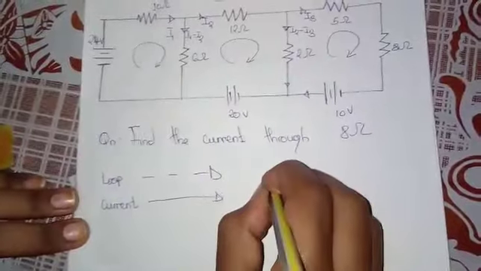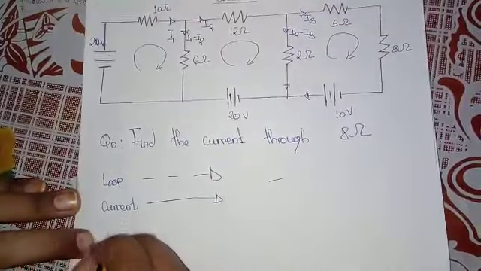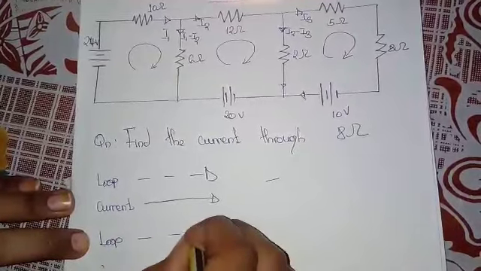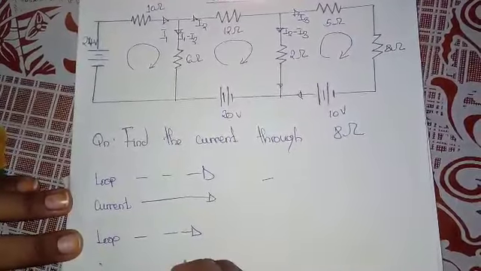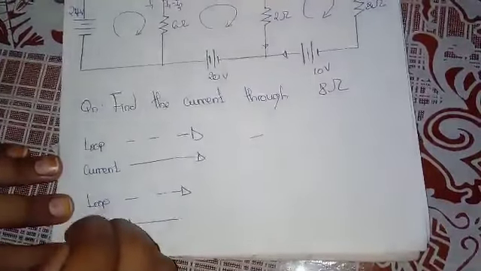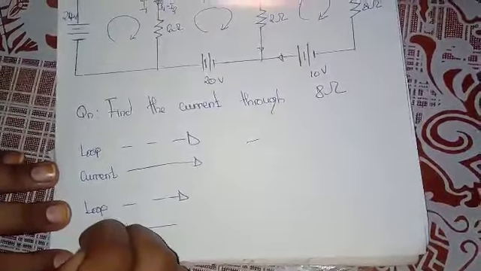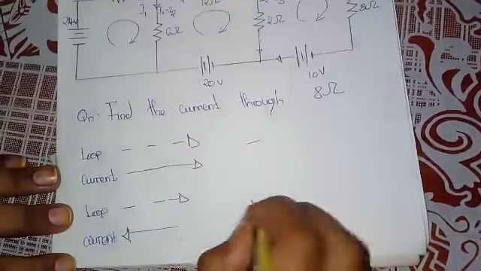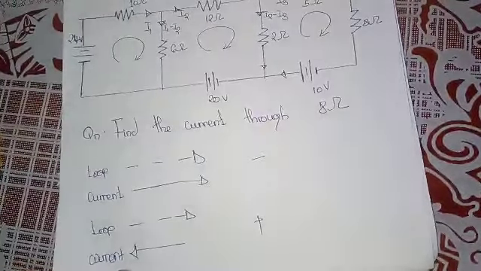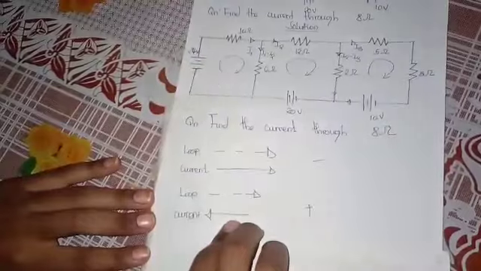When the loop and the current are going on the same side, the sign will be minus. And when the loop is going in the opposite direction to the flow of current, the sign would be plus. And the vice versa is true. That was the first thing.